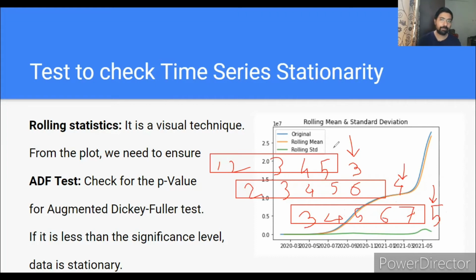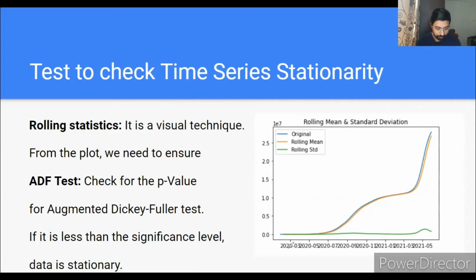The same way applies for the rolling standard deviation. Now if you have this rolling mean and rolling standard deviation, and both curves, the orange one and the green one, are near zero like this, then by visually inspecting that plot, you can say that your time series data is stationary enough.